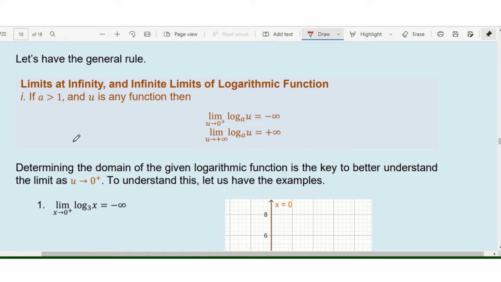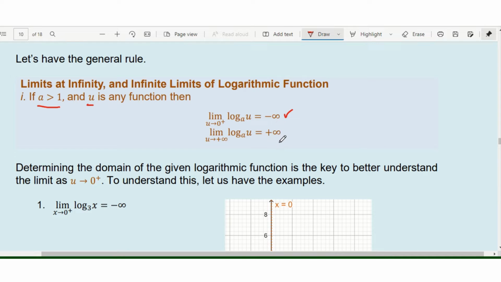With that, we can state the general rule in understanding the limits of logarithmic functions, the limits at infinity and infinite limits. Let's say for example that a here is any real number greater than 1 and u is any function. Therefore, we can say that the limit of logarithm of u to the base a as u gets closer to 0 from the right is negative infinity.